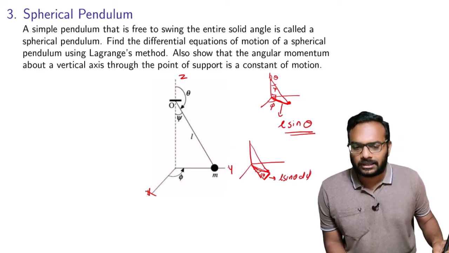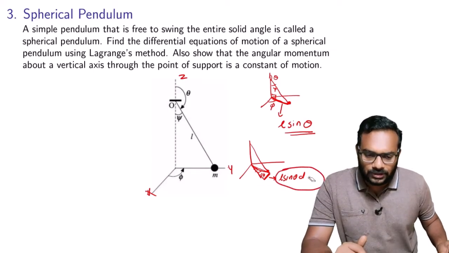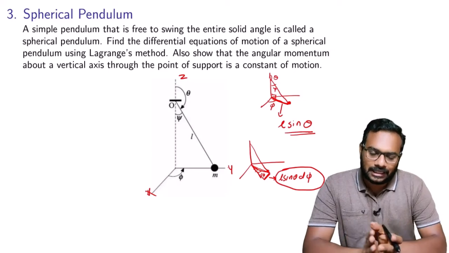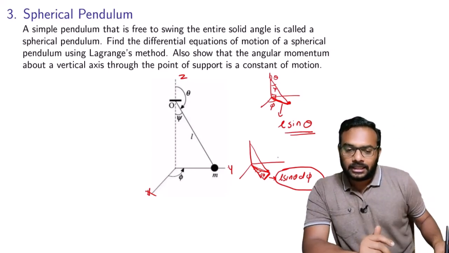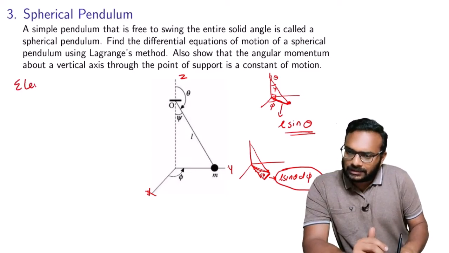I hope that's clear. L sine theta d phi. This is a length element corresponding to a small change in the angle phi, a small angle d phi.